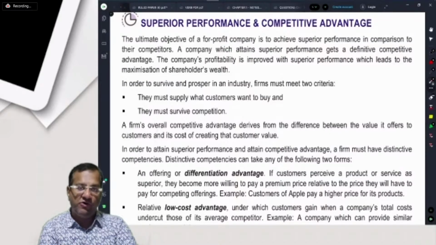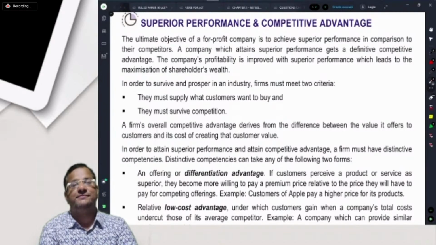The organization must fulfill the following 2 conditions. Next line. Condition number 1.